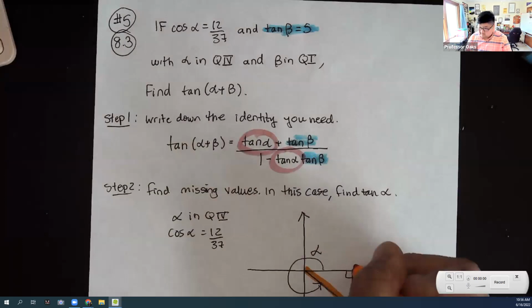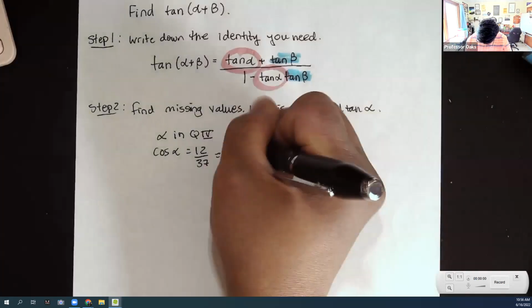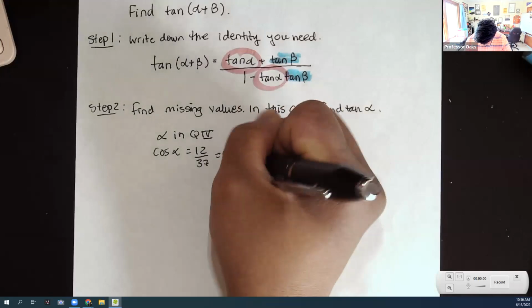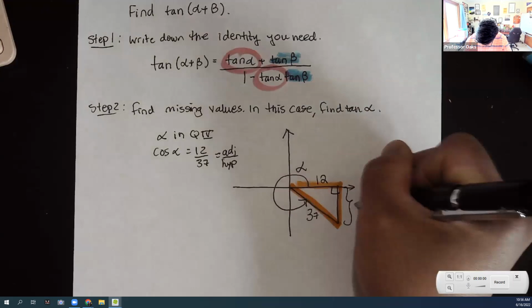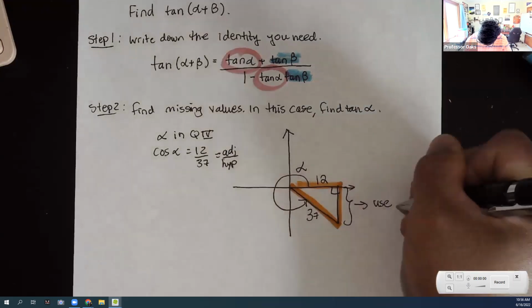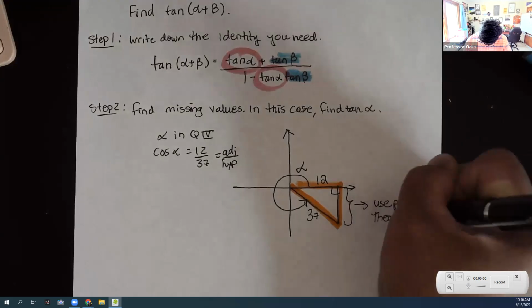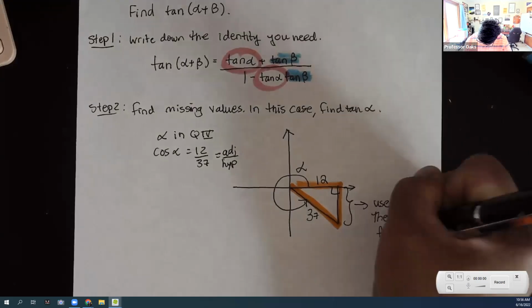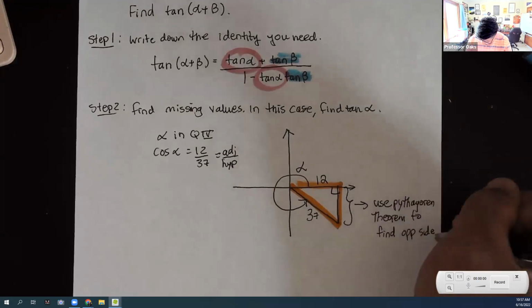You know that cosine of alpha is adjacent over hypotenuse. So here is 12, here is 37, and you use the Pythagorean theorem to find the opposite side, the side that's missing in this case.